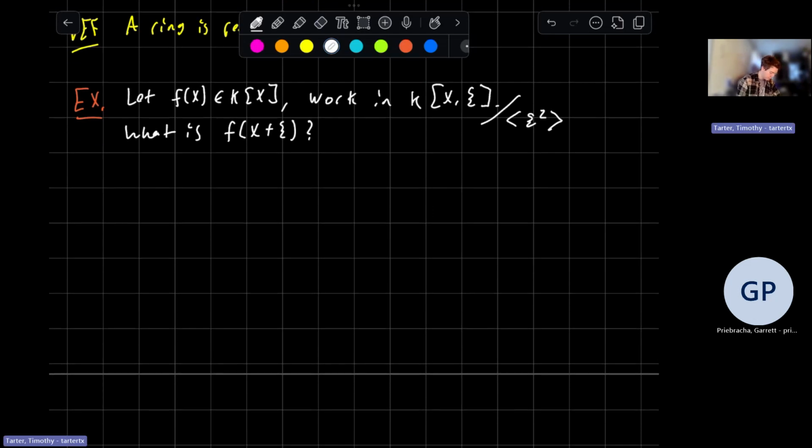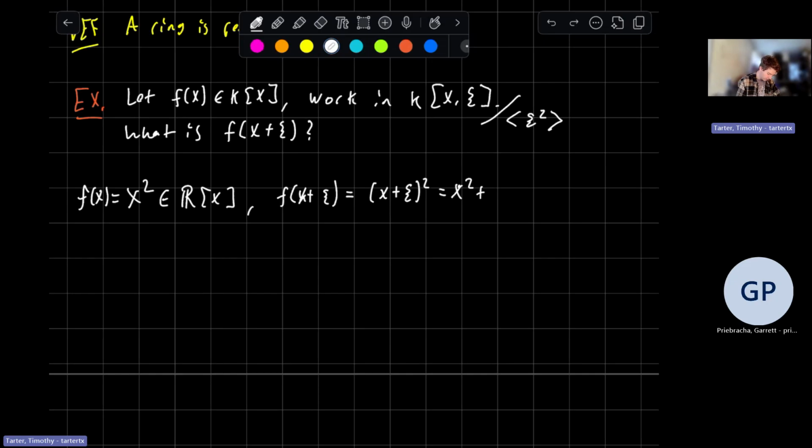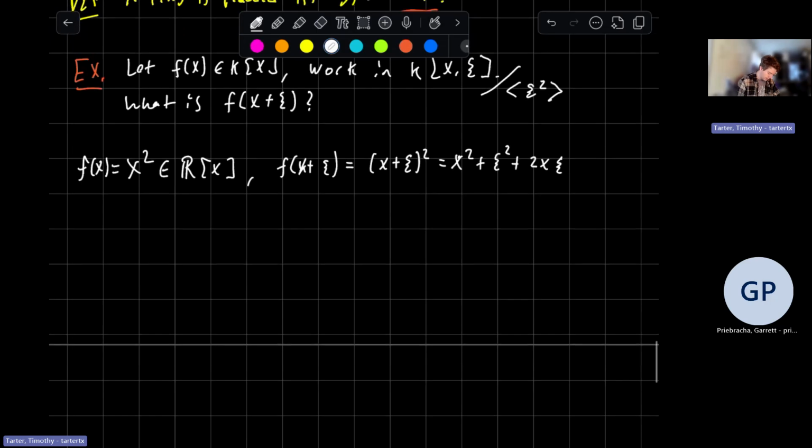An example is we could do x squared. Well, f of x plus epsilon is equal to x plus epsilon squared, which is equal to x squared plus epsilon squared plus 2x epsilon.